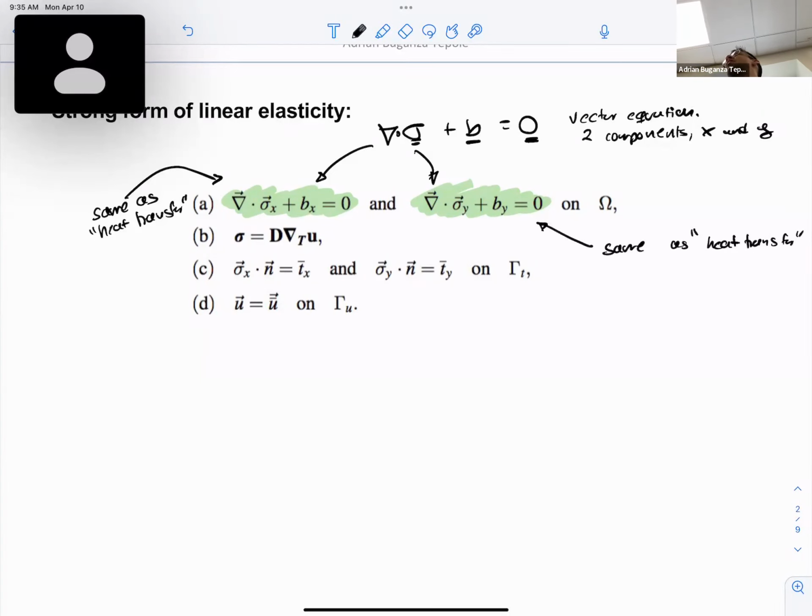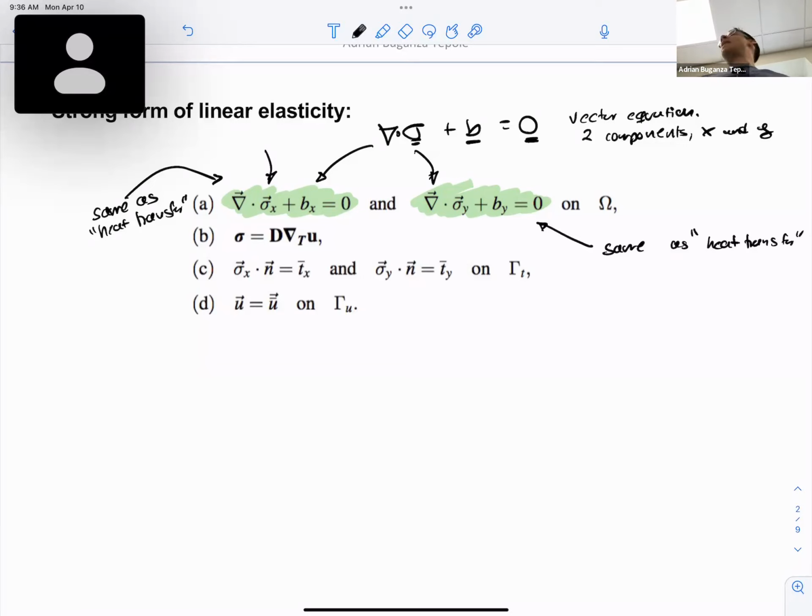And if you want to think of the analogy between heat transfer and force balance, in heat transfer, what is this term? The divergence of what? The heat transfer problem is divergence of something plus something, divergence of the flux, which is the gradient of the temperature.